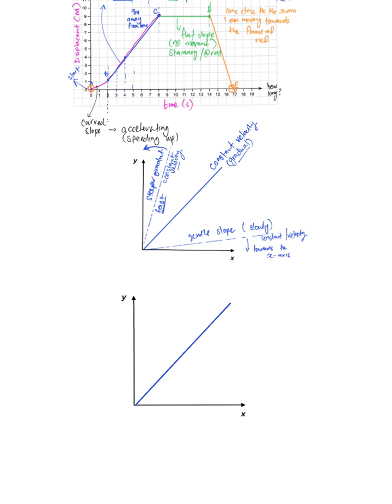It looks like a normal gradual slope, which means I'm moving at a very average kind of pace. So this would be the BC one. But when I look at the DE one, it looks a little bit more like this.